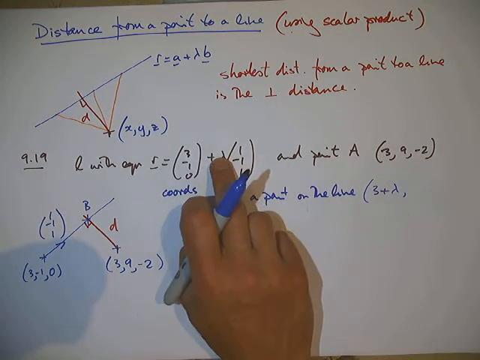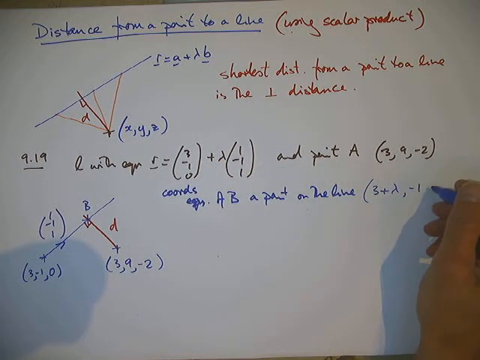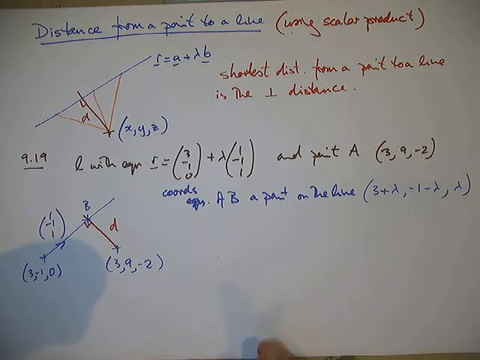So we don't know the value of lambda. We're going to use the general form of this: (3 plus lambda, -1 take lambda, 0 plus lambda). Okay? Coordinates of B are that.